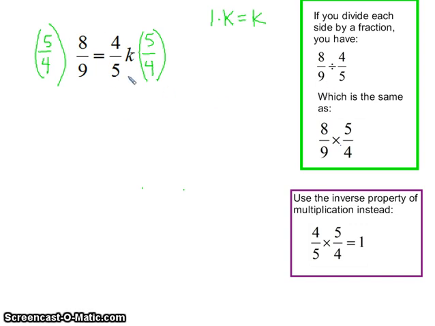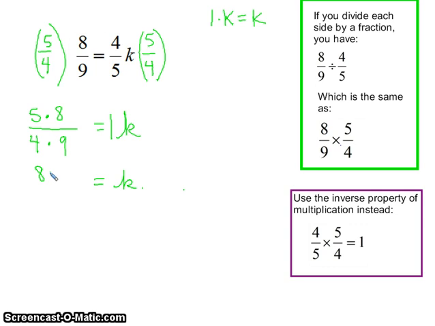So we have k, 1k, is equal to 5/4 times 8/9. Recall that the commutative property allows us to switch positions.